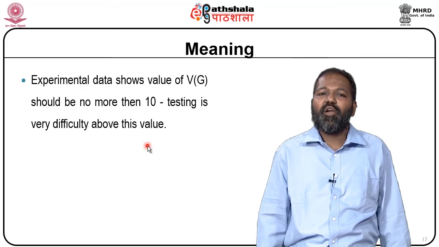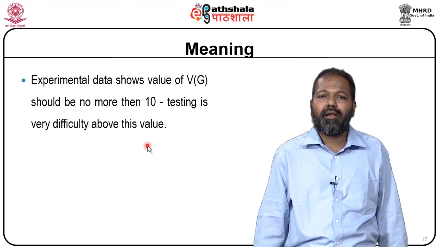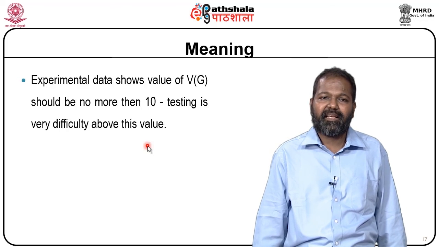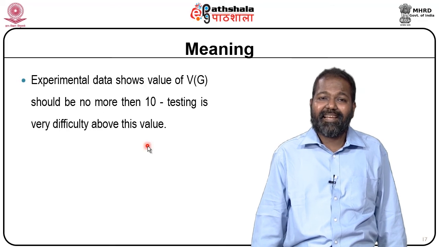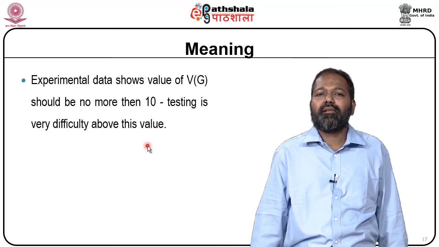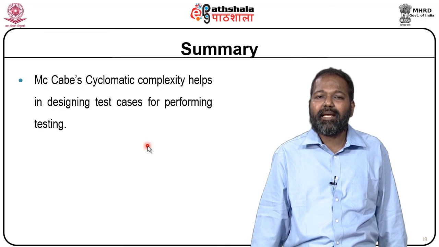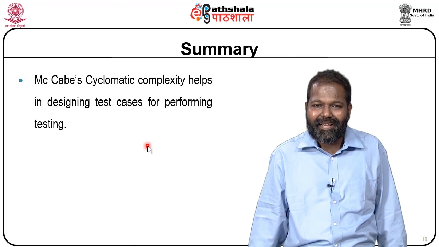Experimental data shows the value of V of G should be no more than 10. If it is more than 10, testing is very difficult above this value. Summary: McCabe's cyclomatic complexity helps in designing test cases for performing testing.